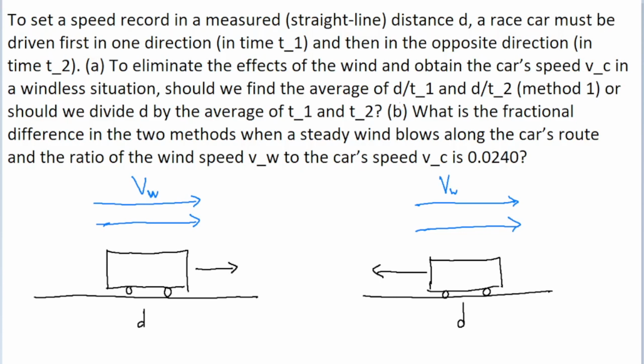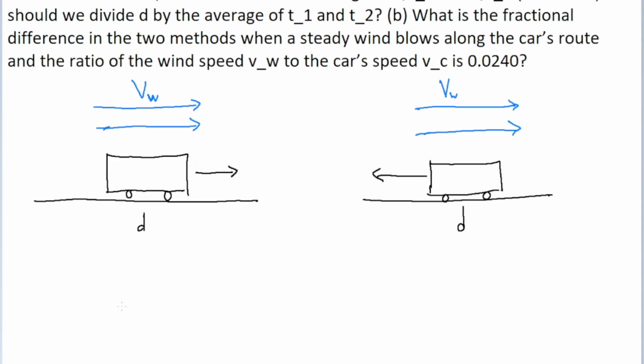The first method proposed being that we find the average of d over t sub 1 and d over t sub 2, basically taking the effective speeds that we measure and adding them together and dividing by 2. Or method 2, which is just taking the distance once and then dividing by the average of the times. So just taking d and dividing that by the sum of the t's divided by 2.